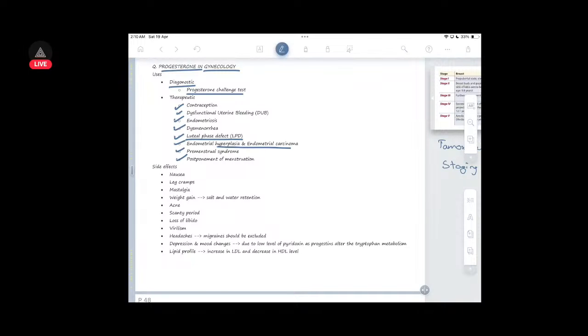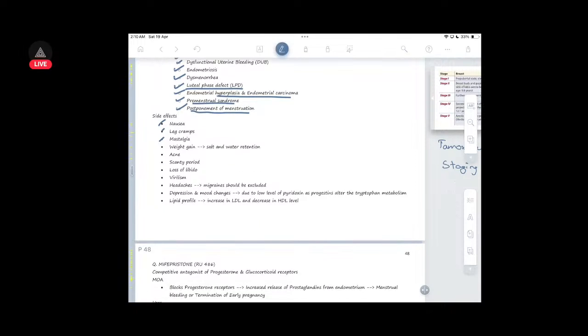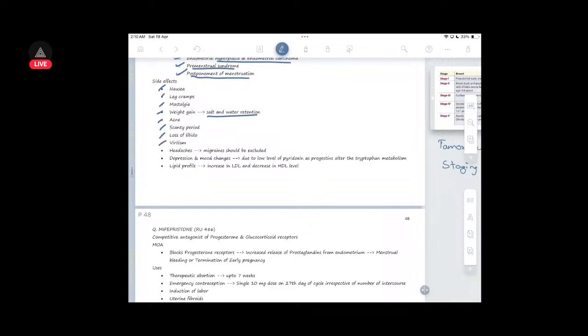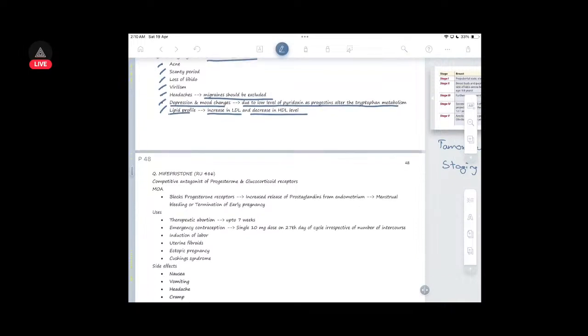Side effects: you will have nausea, leg cramps, mastalgia, weight gain which is due to salt and water retention, acne, scanty period, loss of libido, virilism, and headaches; migraines should be excluded. Depression and mood changes will be there due to low level of pyridoxine, as progesterone alters tryptophan metabolism. Lipid profile: there is increase in LDL and decrease in HDL levels.